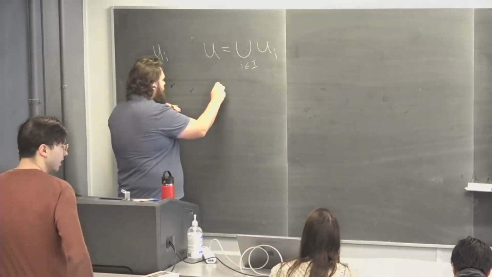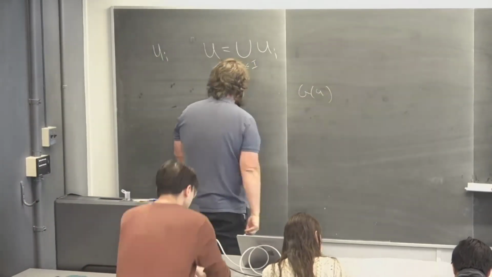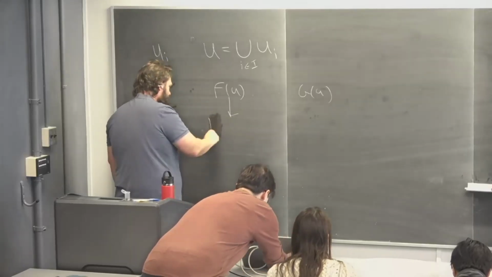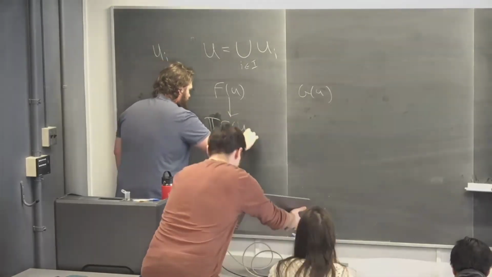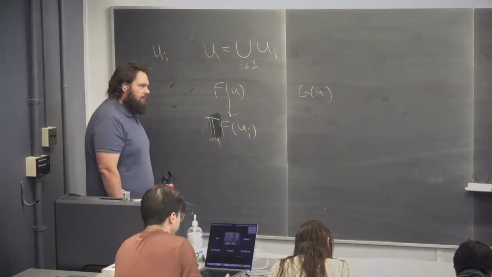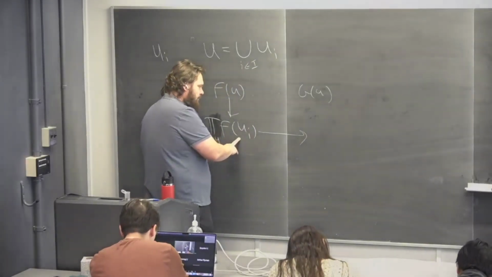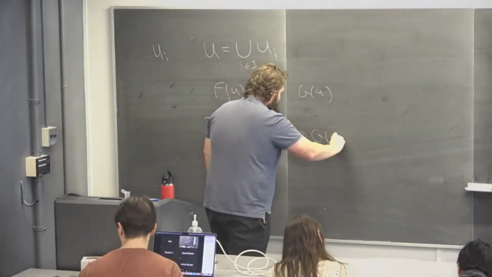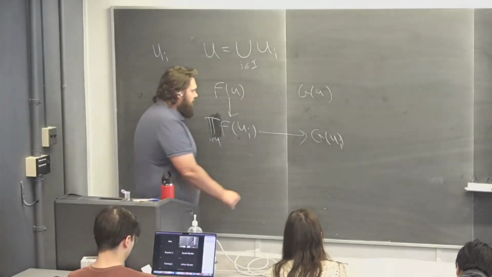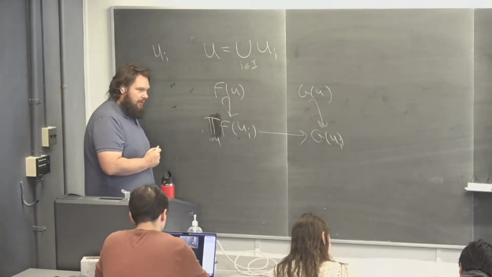And so, if I have F of U and G of U, then there's a map to the product of F of U_i and G of U_i. Applying my known map on these guys gives me a map here. And the identity property of sheaves is exactly that this map is injective.